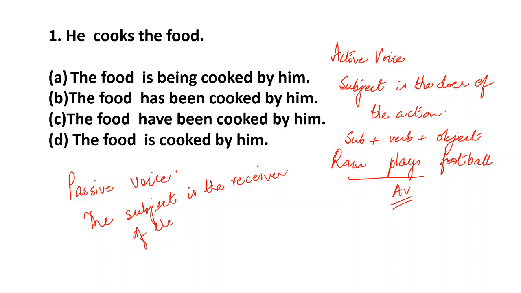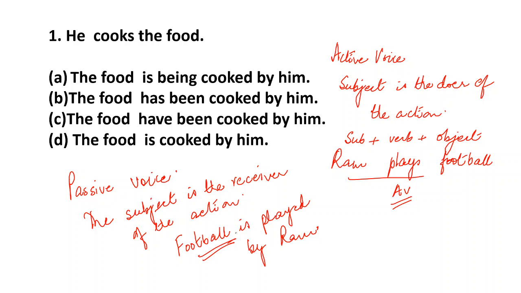Ram plays football. Now the object becomes the subject. Football is played by Ram. Some action is done on the subject, football. That is called the passive voice.